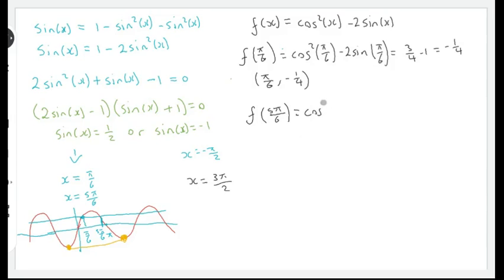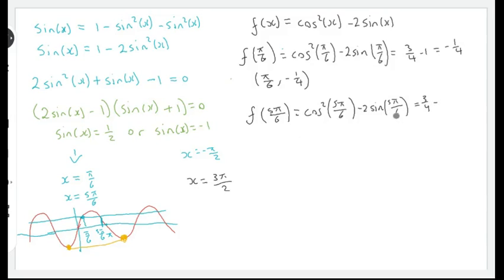So cos 5 pi over 6 equals negative root 3 over 2. Yeah, that makes sense. Cos squared of 5 pi over 6 minus 2 sine of 5 pi over 6. So that's negative root 3 over 2, and if you square that, that's still going to give you 3 over 4.